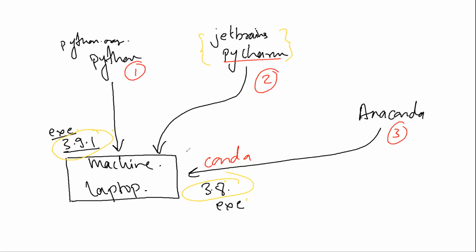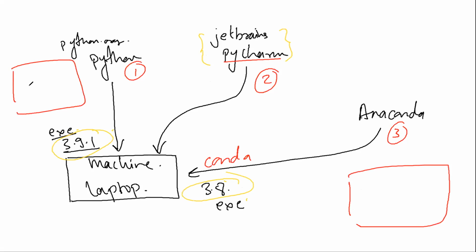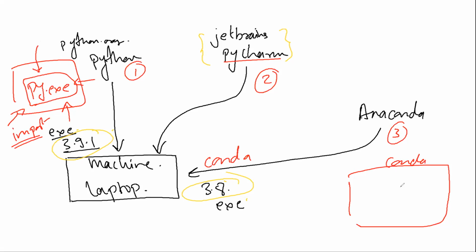Now what is the major difference between these two? I told you yesterday also that when you install only Python, it only comes with the Python executable, and other packages available for Python, you have to import explicitly. You have to write the import command, which we will learn, and import all those packages explicitly. By default they will not come. But when you work with the Conda installation, it brings you the basic Python executable, that is for sure.